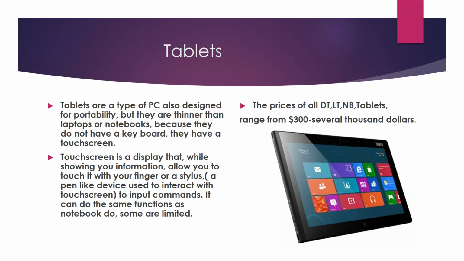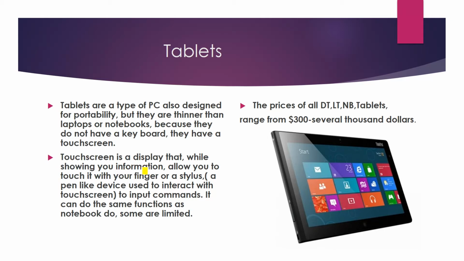And then there are tablets. Tablets are a type of PC also designed for portability, right? I think everyone has seen the tablet. You can easily take it from one place to another, but they are thinner than laptops or notebooks because they do not have a keyboard, they have a touch screen.